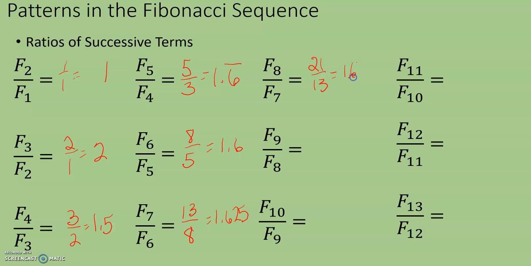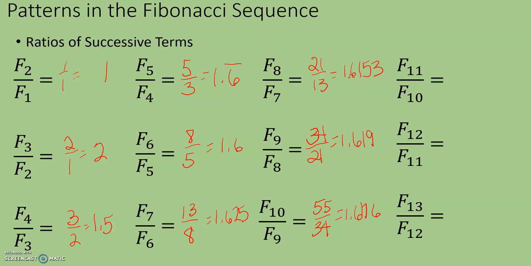It's 1.6153. The ninth divided by the eighth, 34 divided by 21, 1.619. The 10th divided by the 9th, 55 over 34, is 1.6176.